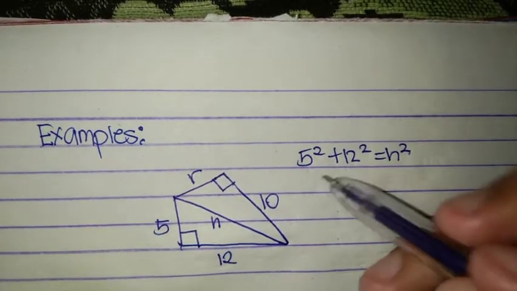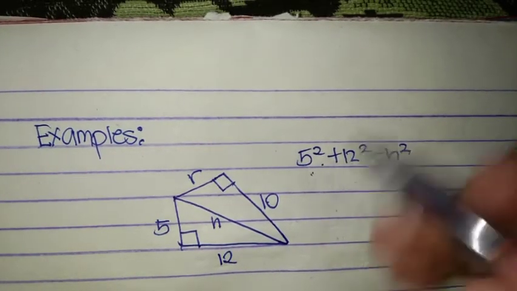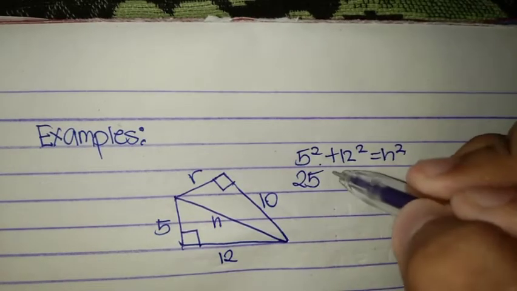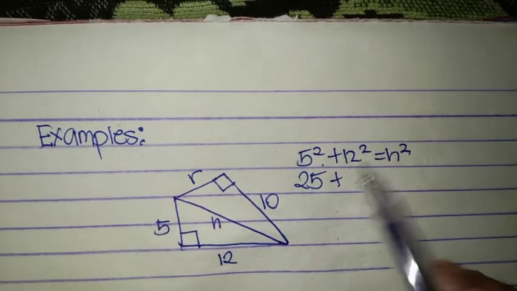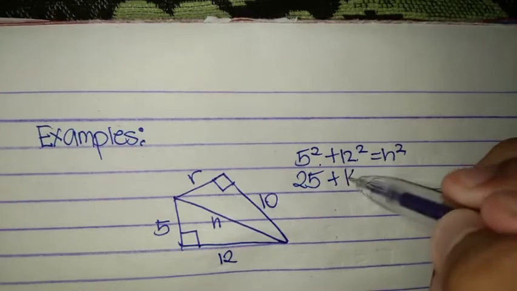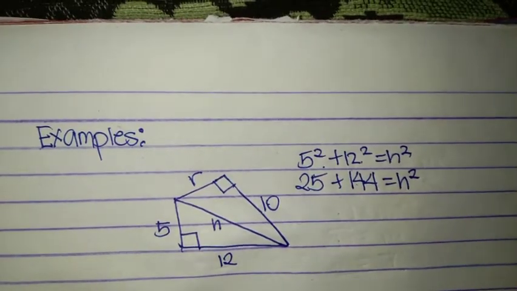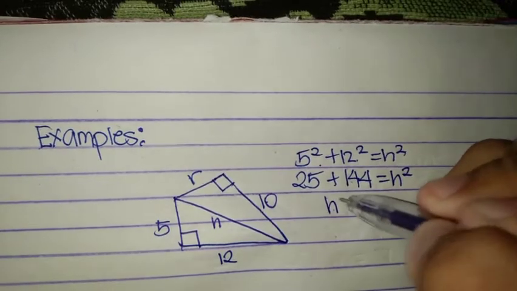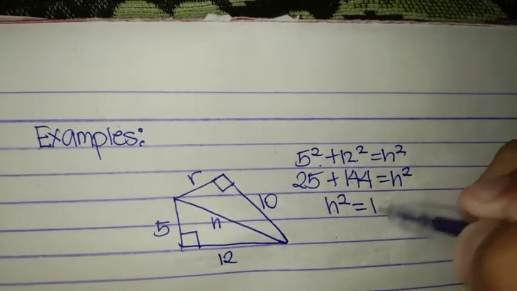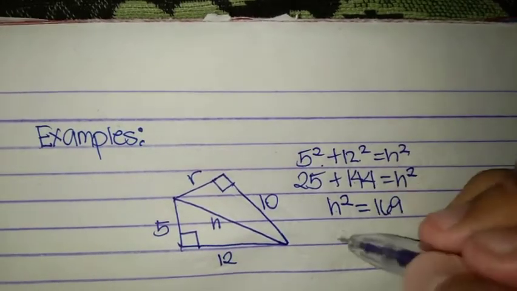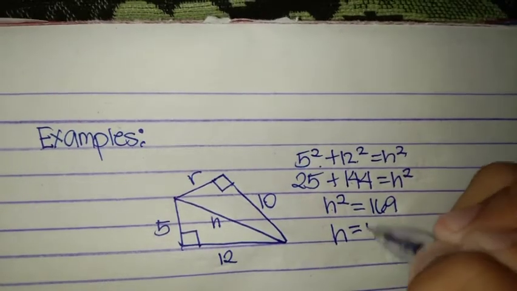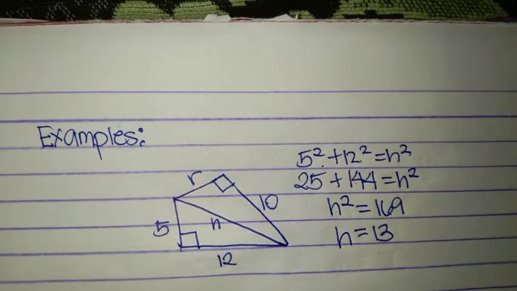Then, 5 squared is 5 times 5, which is 25. 12 squared is 12 times 12, 144, equals H squared. This gives us H squared equals 169, or H equals 13 units.